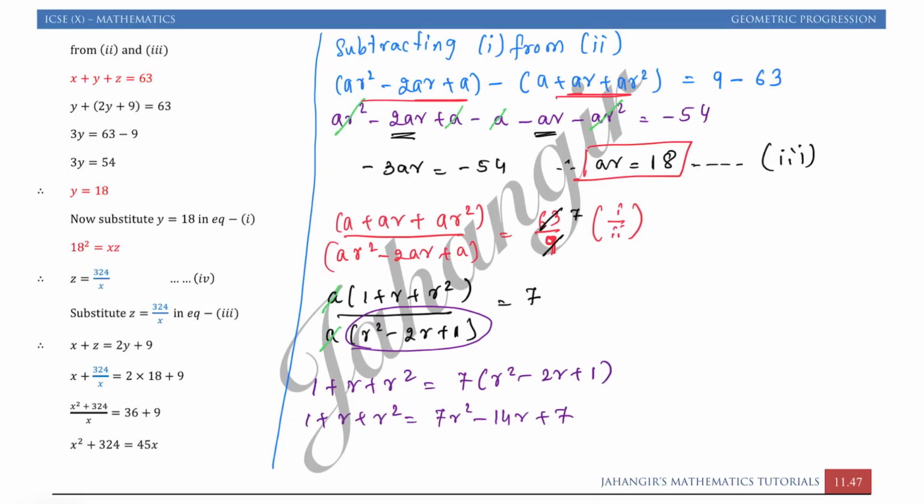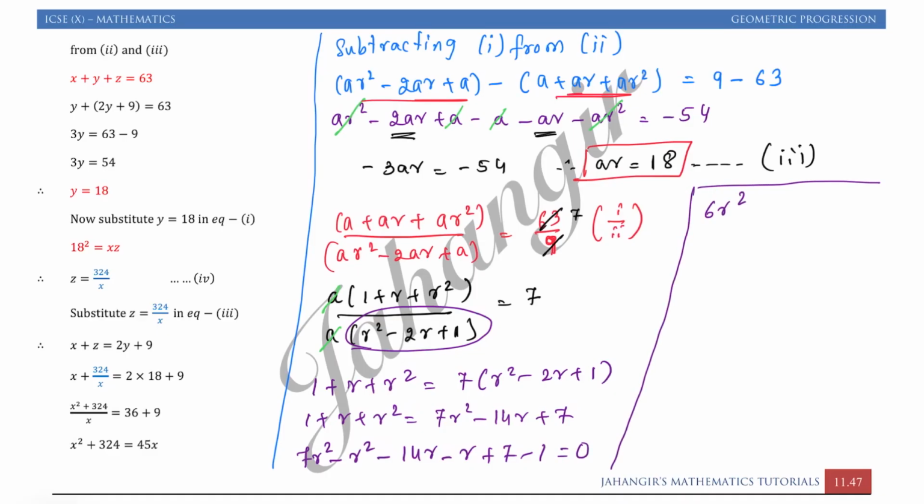Just shift to one side so that R square is positive and it forms a quadratic equation. So here you will get 6R square minus 15R plus 6 equal to 0, dividing it by 3: 2R square minus 5R plus 3 is equal to 0.